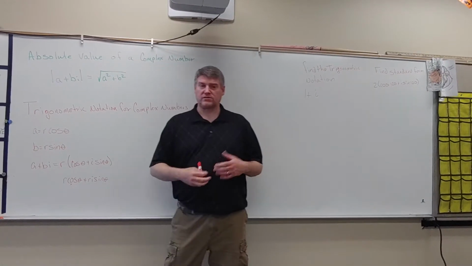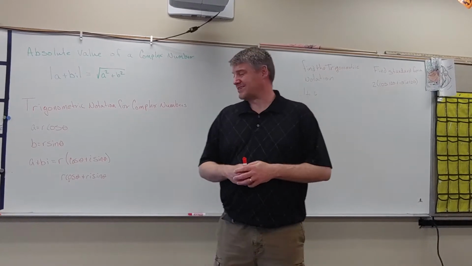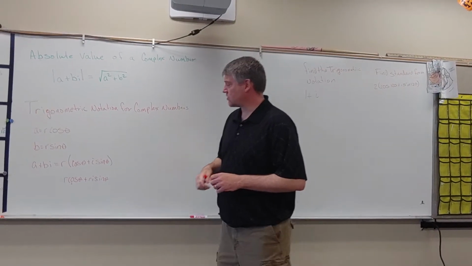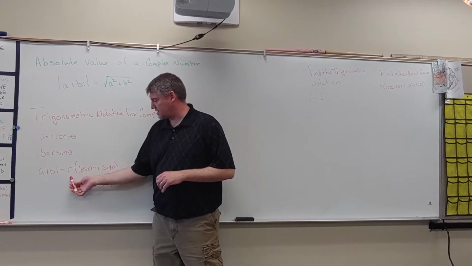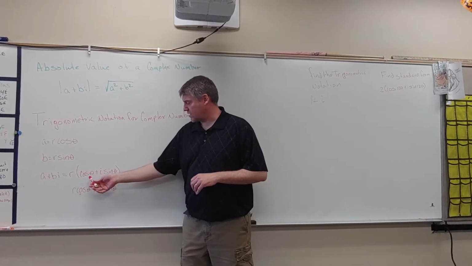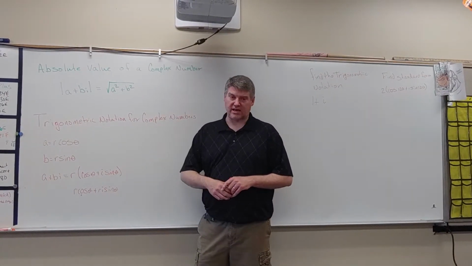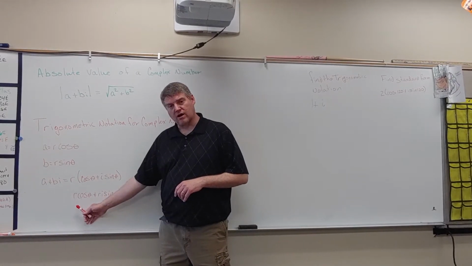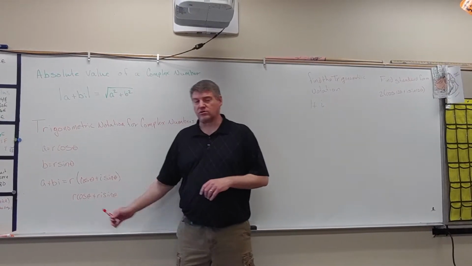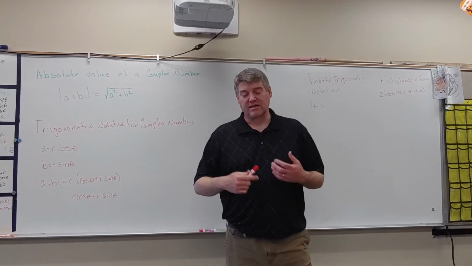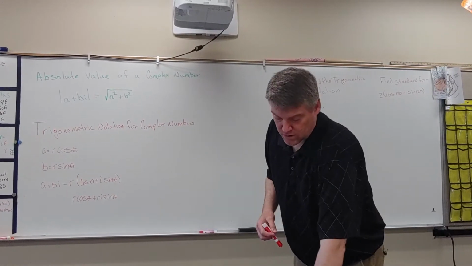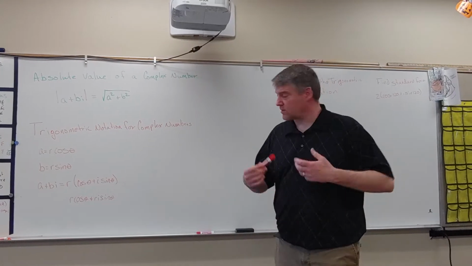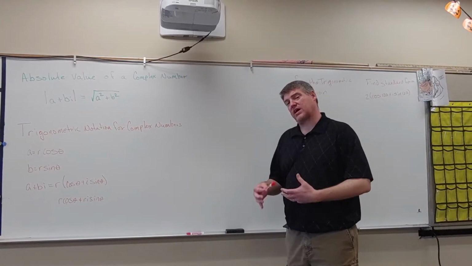B was our y, so b is equal to r sine of theta. If we put it together, we have r on the outside times the quantity cosine theta plus i sine theta. Or I could have that r pulled in, so I have r cosine theta plus ri sine theta.